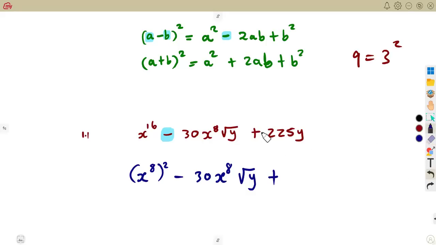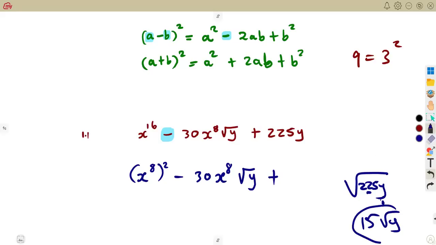So we simply have to determine what? The square root of this part. What is the square root of 225y? The square root of 225 is 15. What about the square root of y? Do we know the square root of y? We cannot simplify the square root of y, so it remains like this. So it will be 15 square root of y, squared, so that it gives us this.